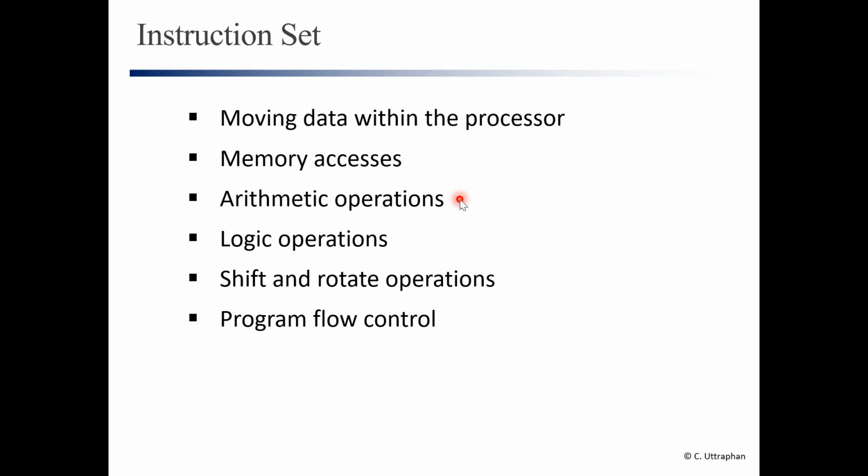Arithmetic operations, which are add, sub, multiply and divide. Logic operations such as AND, OR, NOT, and XOR. Shift and rotate operations, where the data is shifted bit by bit, from left to right, or from right to left. And the last one is how to control the program flow.